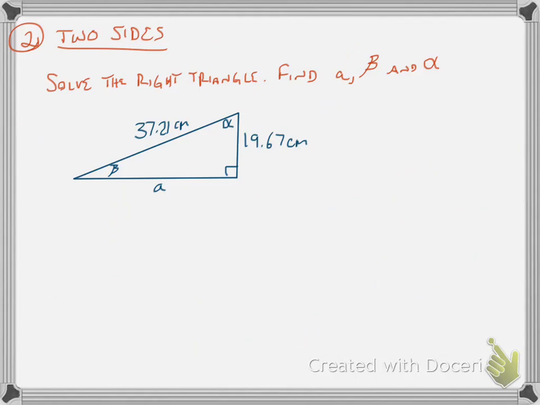Okay, one more example, and in this one we have just two sides, and I'm going to use those two sides to figure out all the other parts of the triangle. These other parts are side A, angle beta, and angle alpha. Let me solve for angle alpha first.